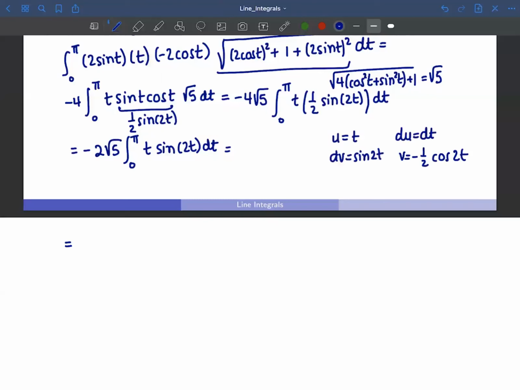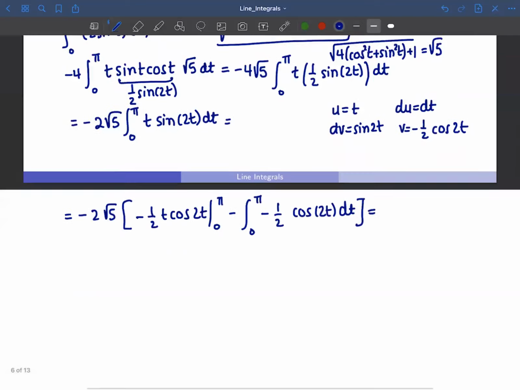We get negative 2 square root of 5 times negative one half t times cosine of 2t, evaluated between 0 and pi, minus the integral from 0 up to pi of negative one half cosine of 2t dt.